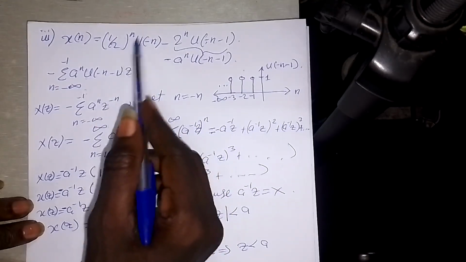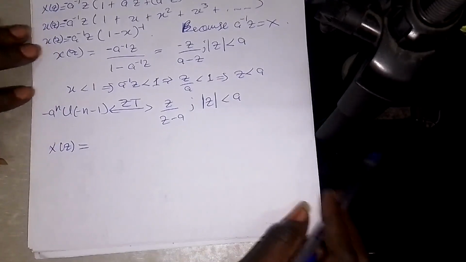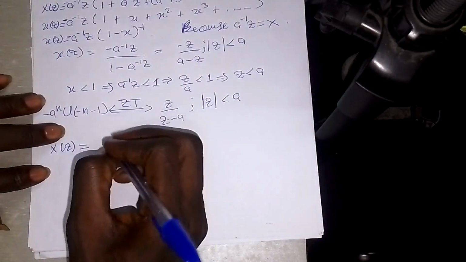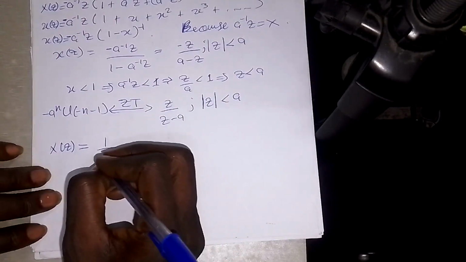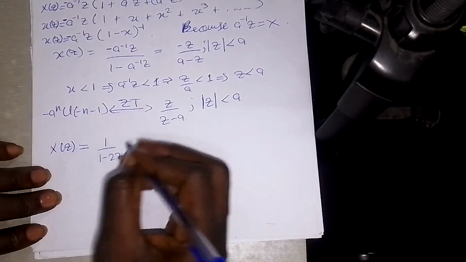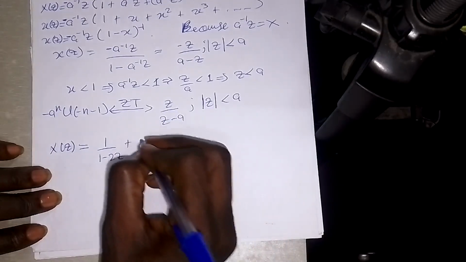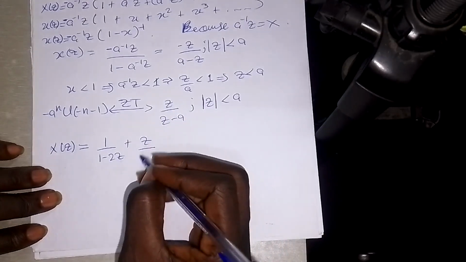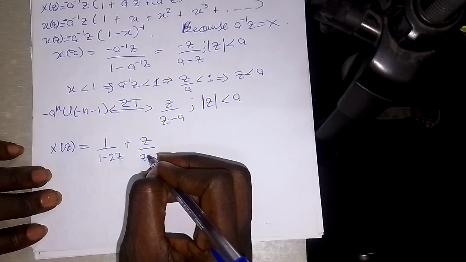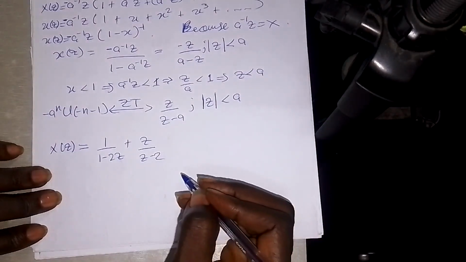The question that we just solved was just like this one, so we put that knowledge down here: 1 over 1 minus 2Z. And in this place, we're getting Z over Z minus 2.